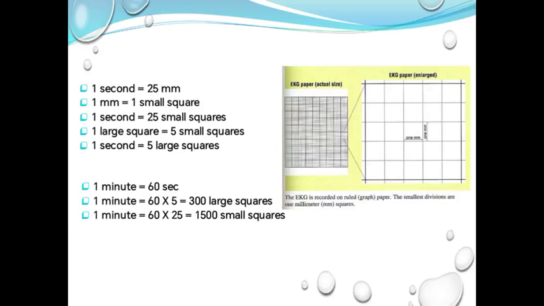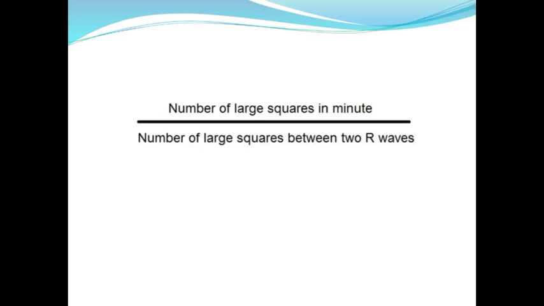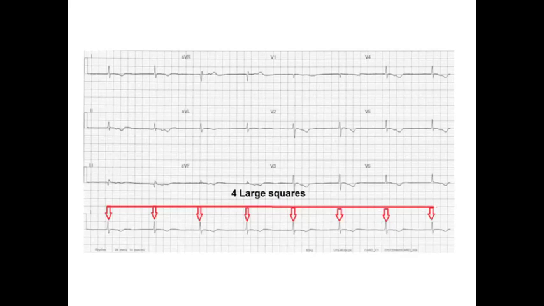If you use small squares, we use the 1500 rule. That means the number of large squares in a minute is divided by the number of large squares between two R waves. This gives us the heart rate.